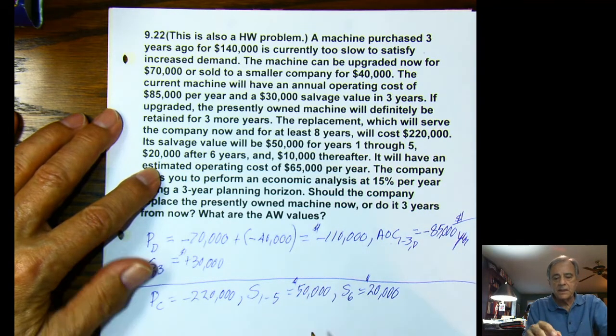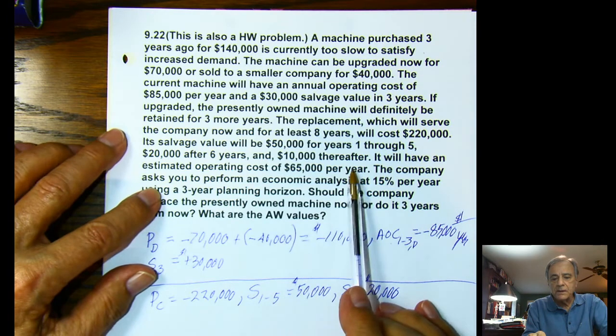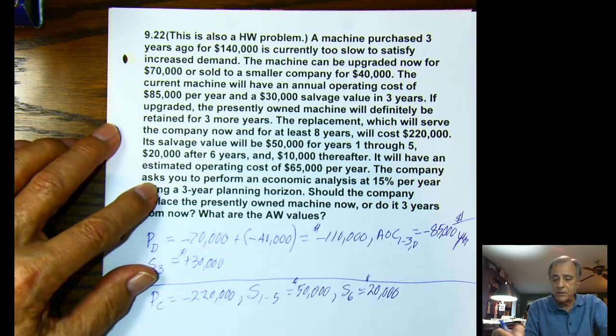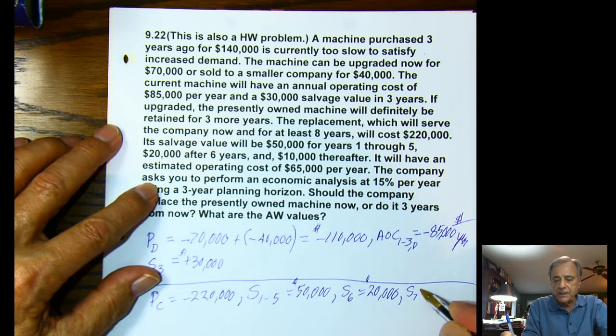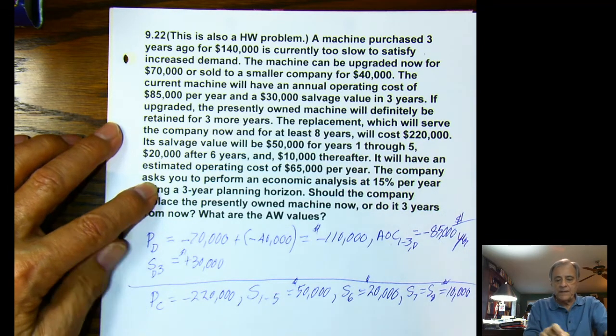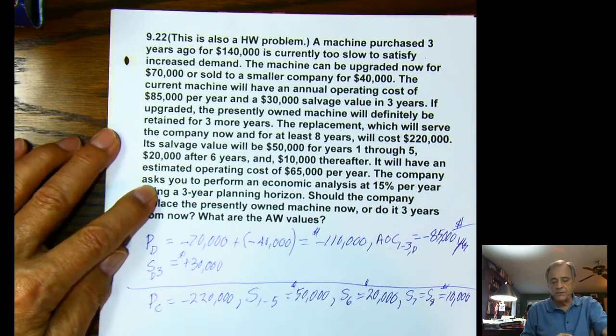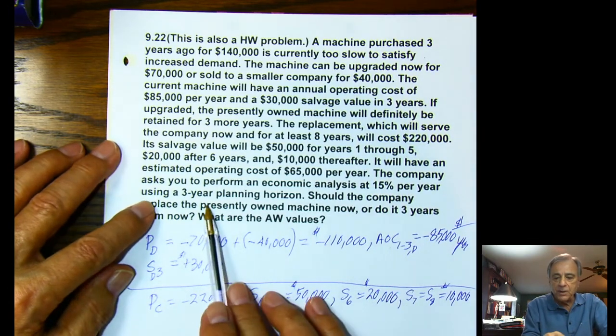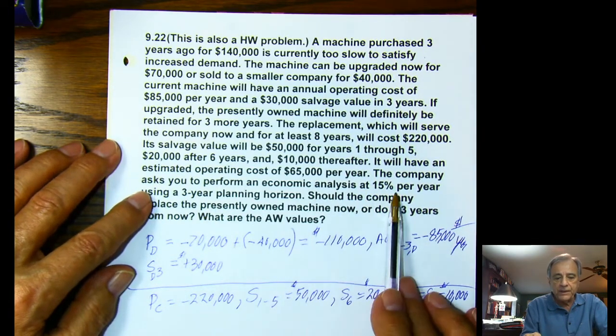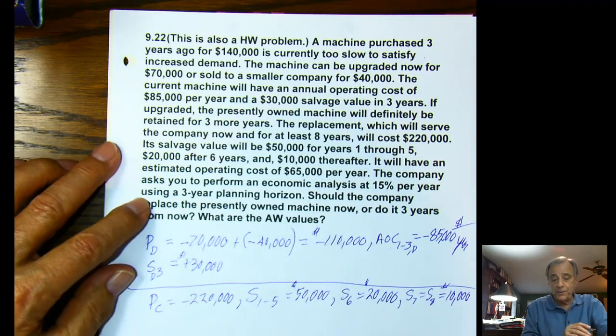And then he says $10,000 thereafter. So since we're looking at up to 8 years, S7 equals S8 equals $10,000. So that's the salvage value function for this particular asset. The company has a MARR of 15%, and we have a 3-year planning horizon.